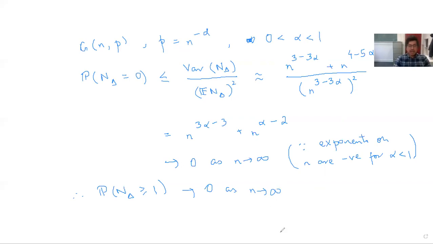Okay, so this is our main result, and let me combine this with the earlier result we proved using Markov's inequality and state both those together.